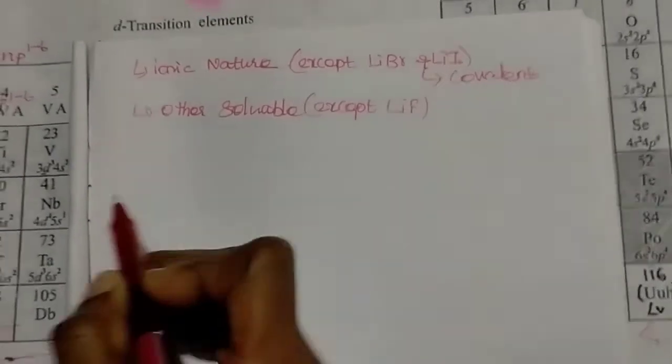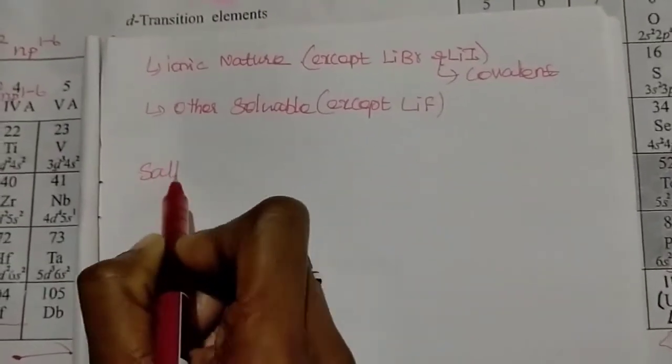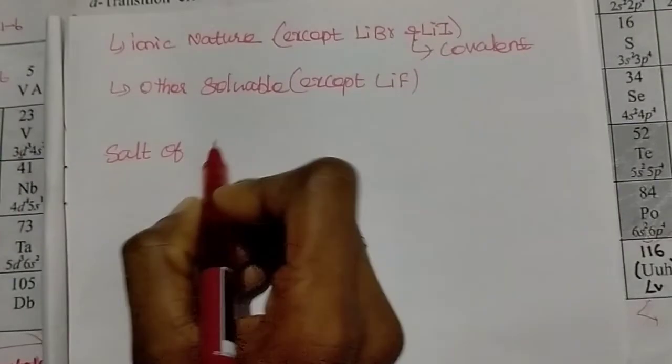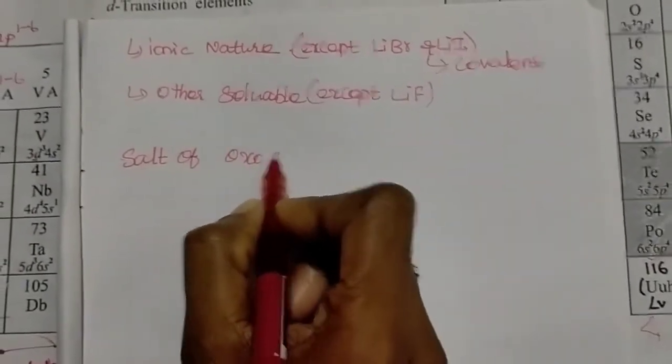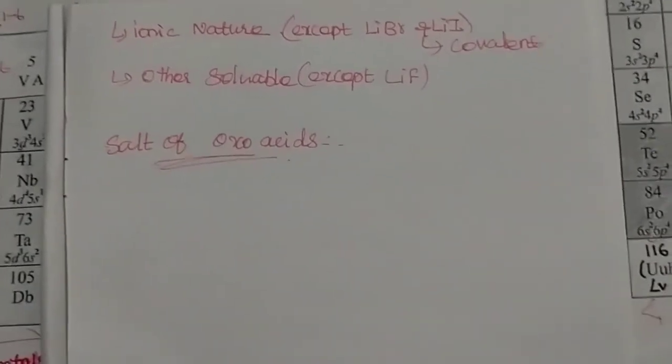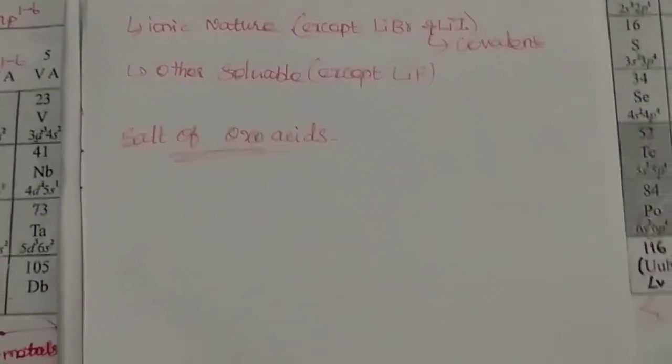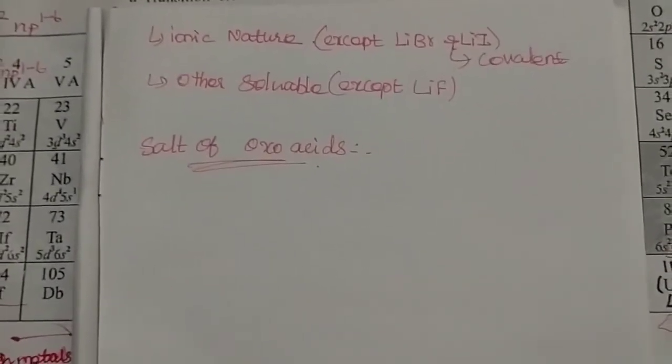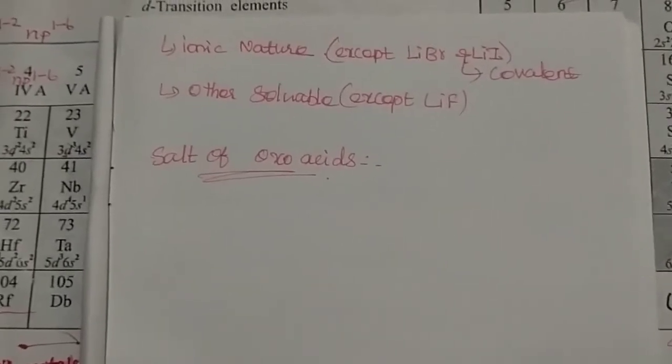Next one, salts of oxo acids. Generally oxo acid salts are carbonate, sulfate, nitrate and phosphate salts.